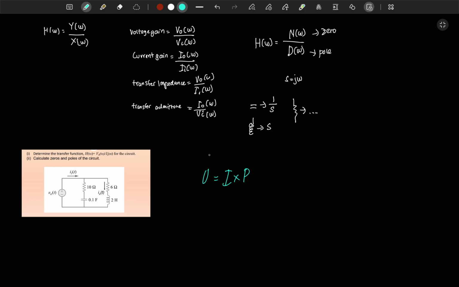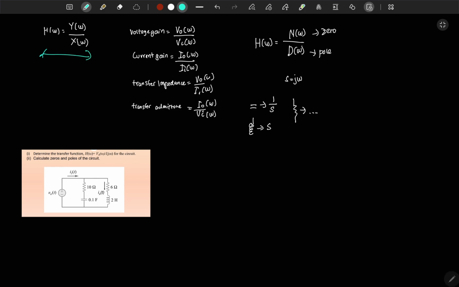Usually the input is x and the output is y, so H(t) is equivalent to Y(t) over X(t), or H(s) is equivalent to Y(s) over X(s). So in order to find H(s), it is Y(s) per X(s). This is the generic rule that we have, and that is what is being translated here.